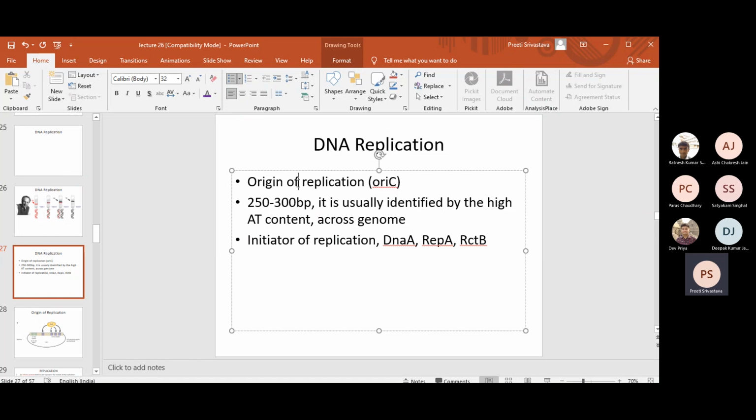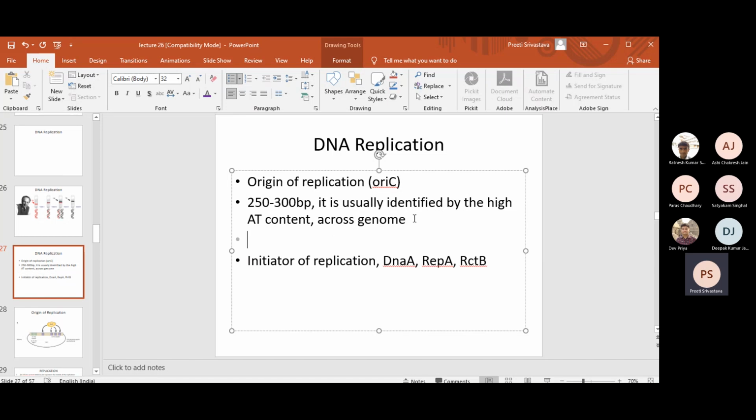The length of this origin of replication is usually small. It can vary from 250 to 300 base pairs. The most important feature is that out of the whole genome or the entire plasmid sequence, this is the sequence which is highly rich in AT.